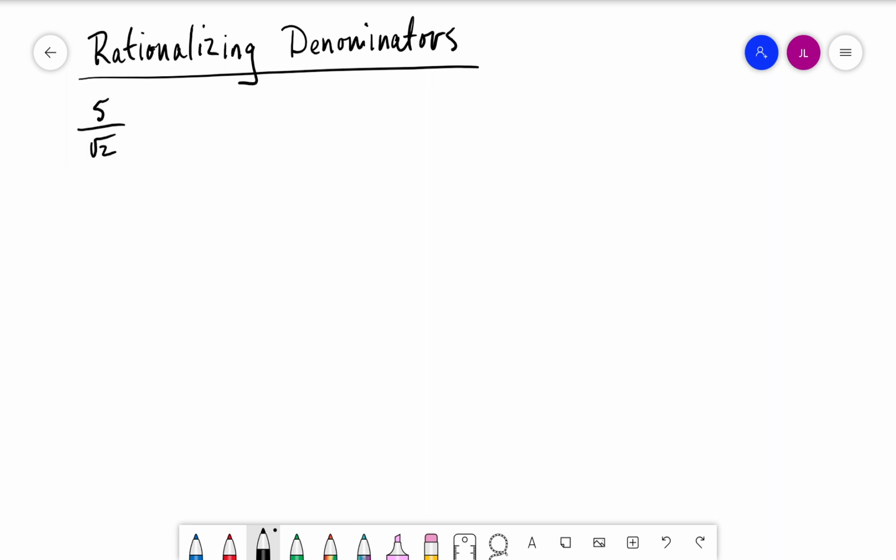If you'll remember from converting fractions and such, we can multiply this by something to get rid of that. We essentially want to multiply by 1 because we don't want to change the value. However, we have to multiply by 1 in a different form than the number 1. Since this is the square root of 2, we know from past experience the square root of 2 times the square root of 2 is 2.